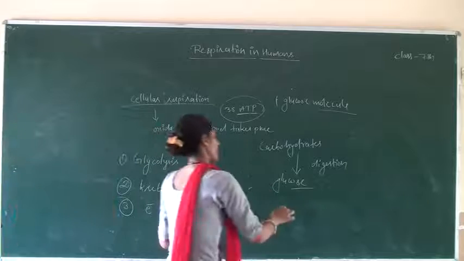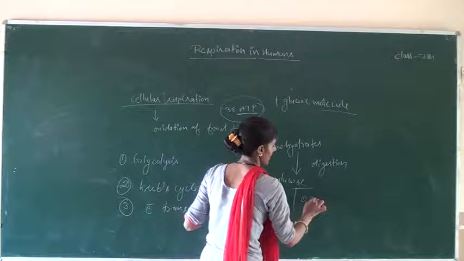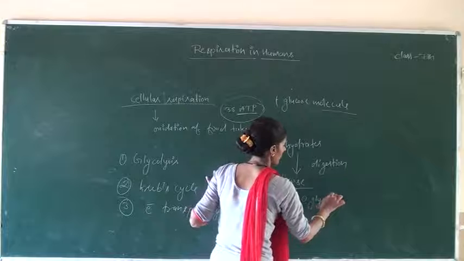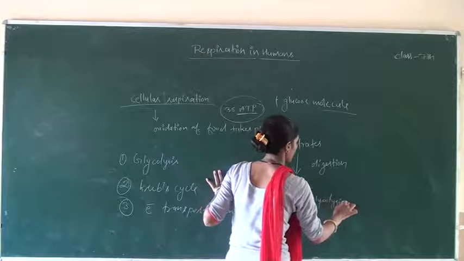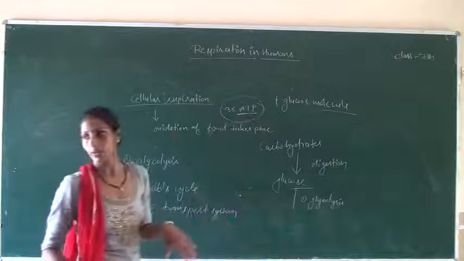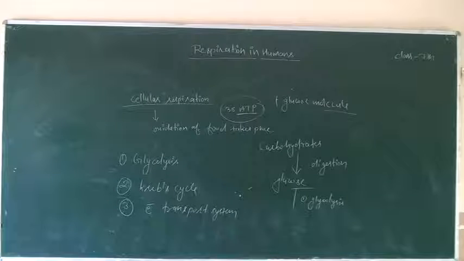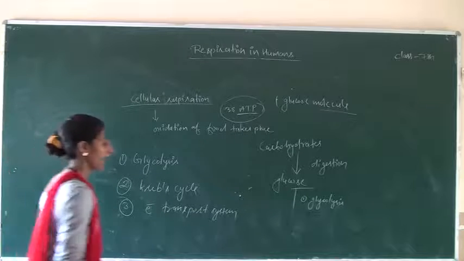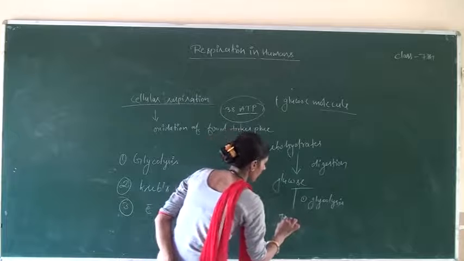When glucose is formed, the first step, the glycolysis process, takes place. In this process, pyruvic acid is formed.